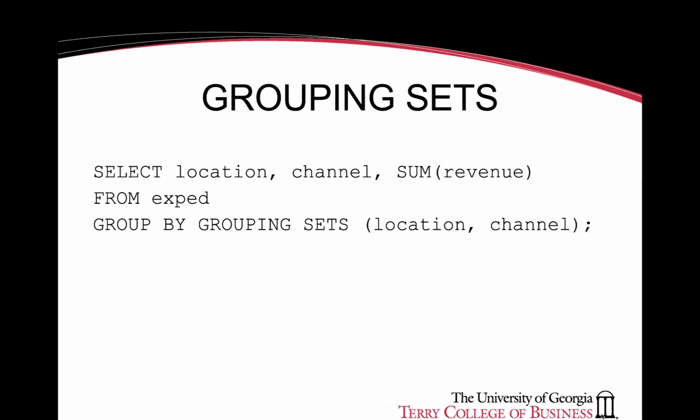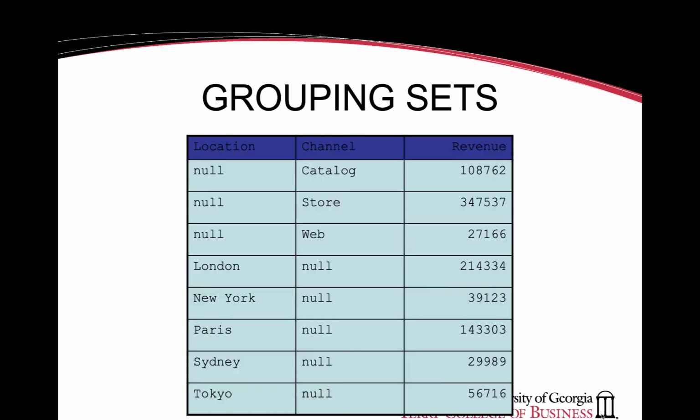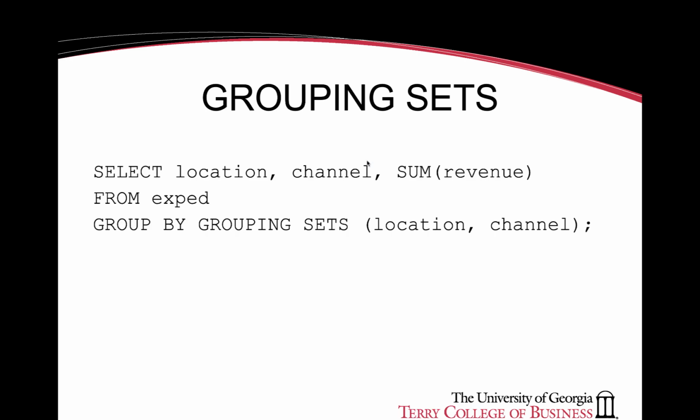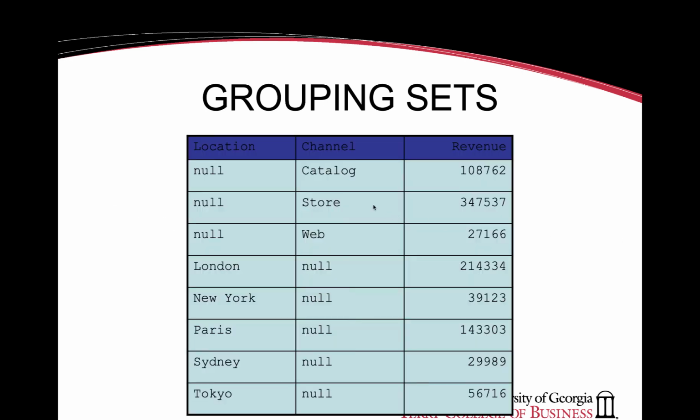For instance, if one wants to use the grouping sets clause, here is how one might establish grouping sets. Using grouping sets, in this case by location and channel, allows the result of the SQL to give total revenue based on location and channel. 3 unique channels, 5 unique locations, and summarizing the revenue based on locations and channels.